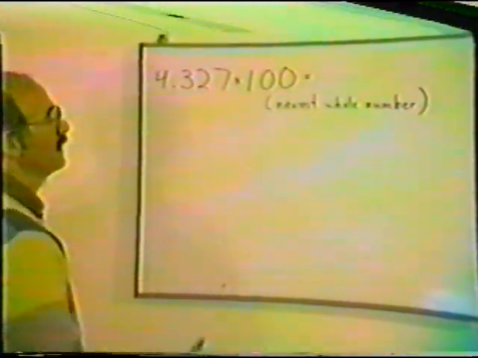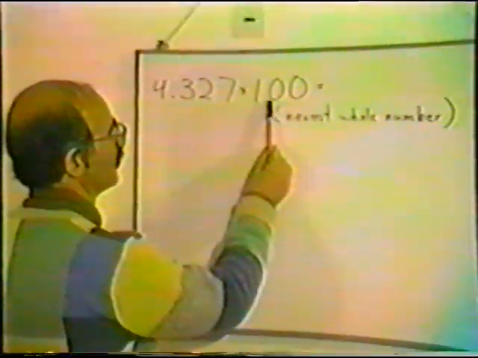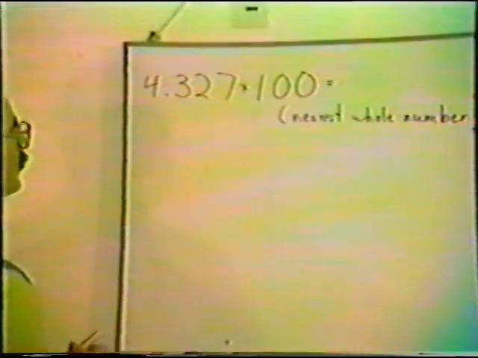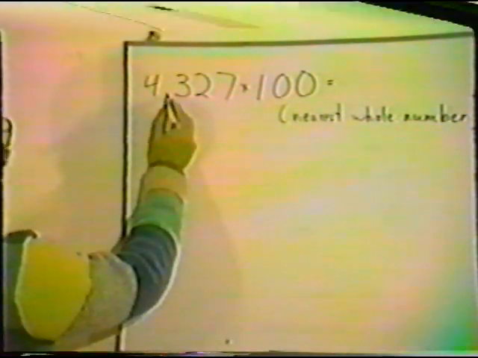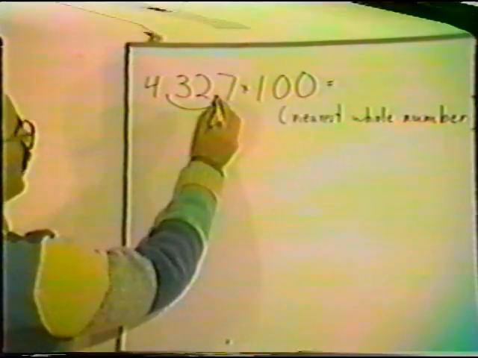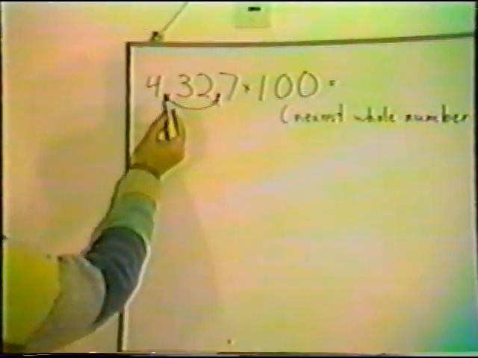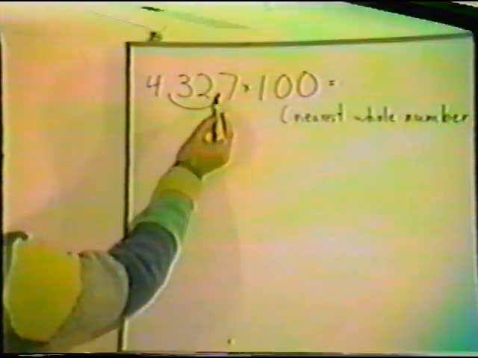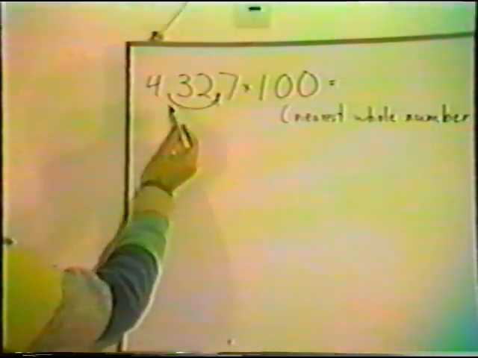When we multiply, which way do we move the decimal point? To the right. And how many places when we multiply by 100? 2. So we'll move this decimal point 2 places to the right and put a little arrow on it to remind ourselves that it started here and ended up there. Tell me what to write for the answer.